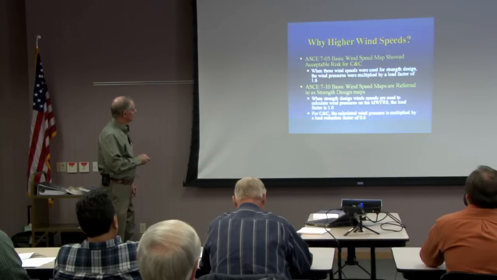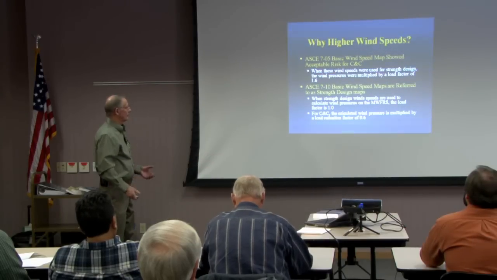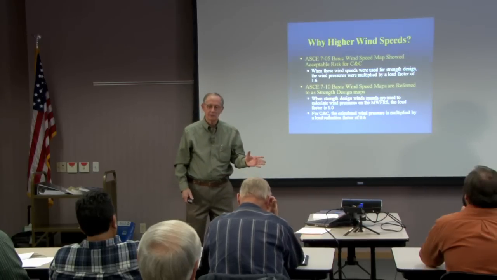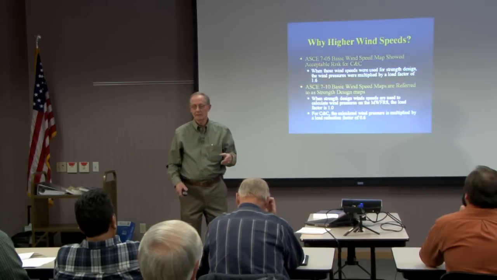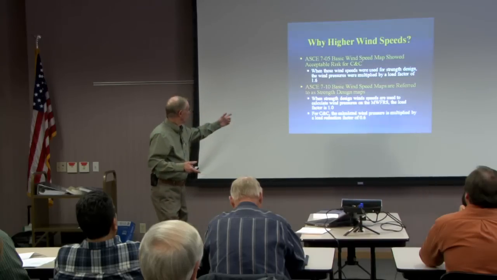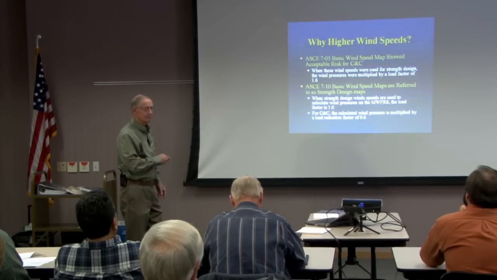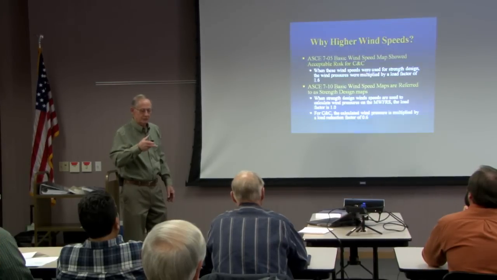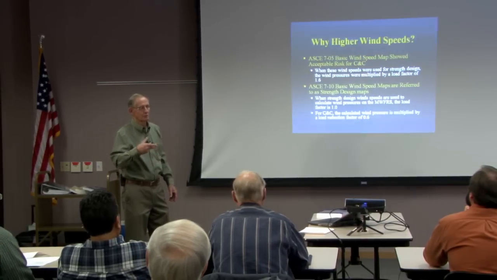When these wind speeds were used for strength design, you'd have to go further at the end for the strength of the building and multiply it times 1.6. And most of us are not involved in strength design, so we've never seen this part of it. But we'll use the 50-year recurrence interval, and if you're designing the structure itself, you'll multiply it times 1.6.